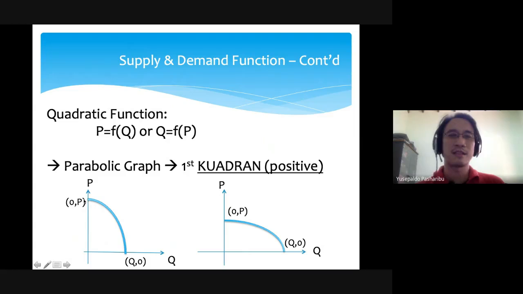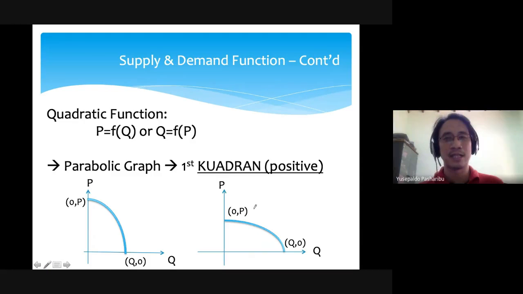We cannot say that the price is negative 10 million, or minus 2%, or the quantity demanded is negative. That's impossible in real business. So for the demand and supply, we will use quadrant 1.